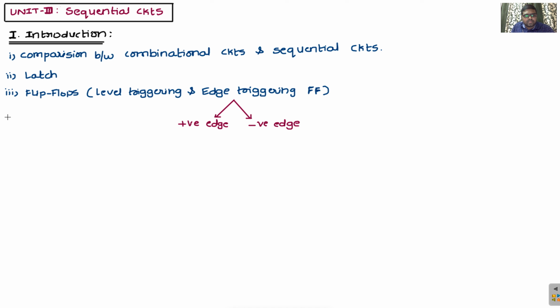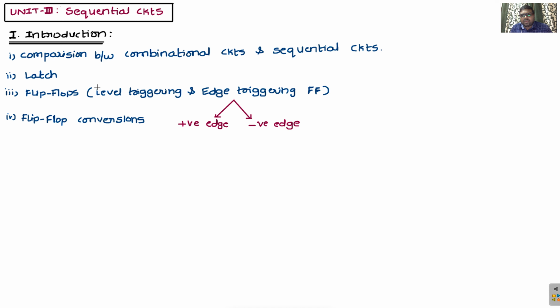And next, fourth topic, flip-flop conversions. Here the third topic is flip-flops, and we have four types of flip-flops: SR flip-flop, JK, T flip-flop, and D flip-flop.